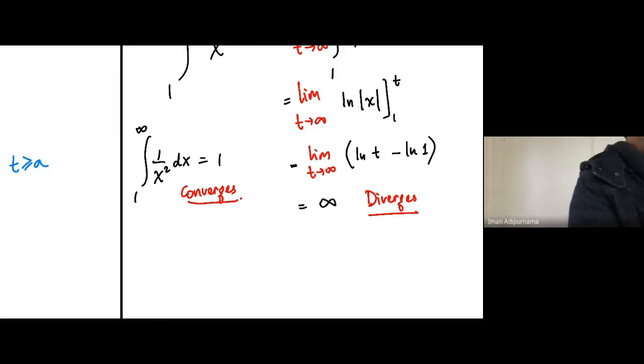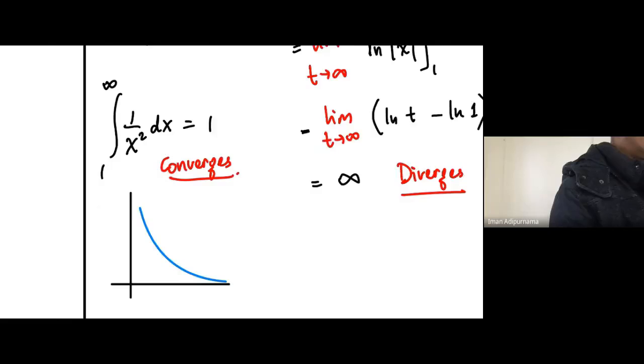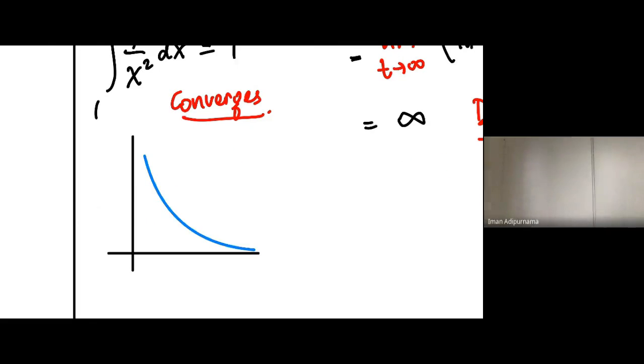If you see the graph, the 1 over x squared graph is really getting closer to 0.